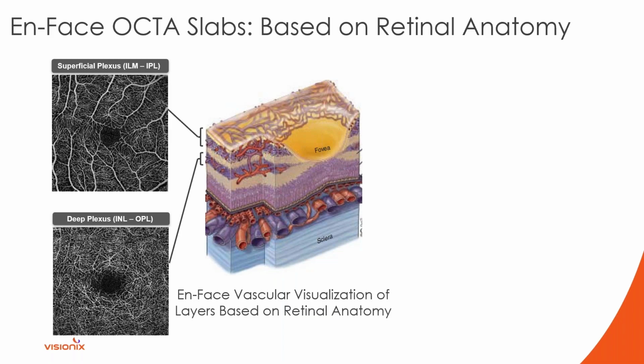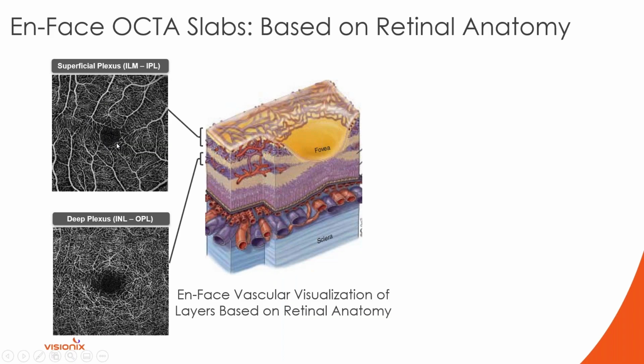If you look on the left, you'll see the top angiogram is called the superficial plexus. That superficial plexus is the blood supply feeding the most superficial part of the retina. So what you're noticing here are capillaries. This is the foveal avascular zone. That is why it's black.